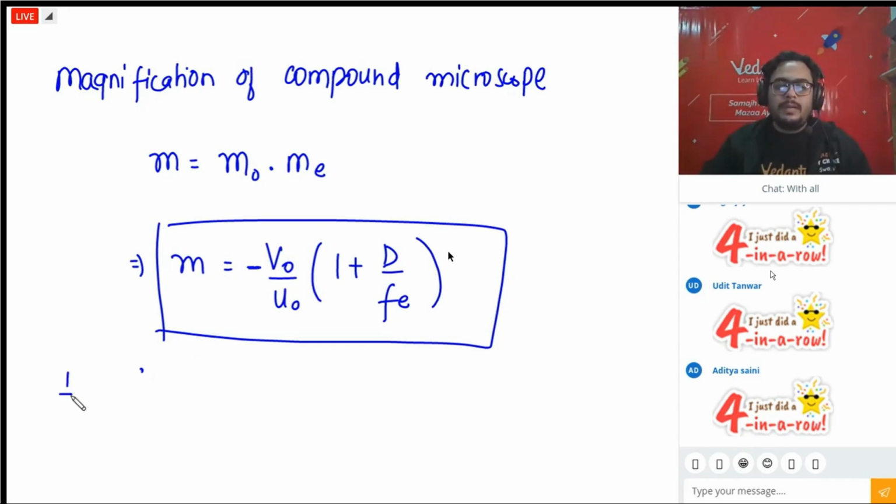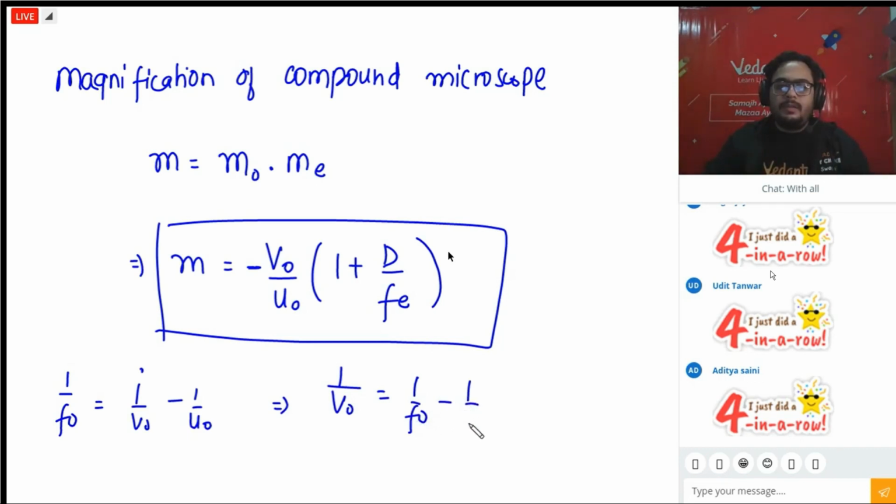So 1 by FO is 1 by VO minus 1 by UO. So basically I can write VO as UO FO by UO minus FO. So you can put it here in place of VO.